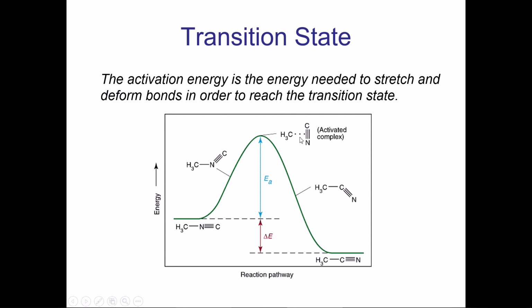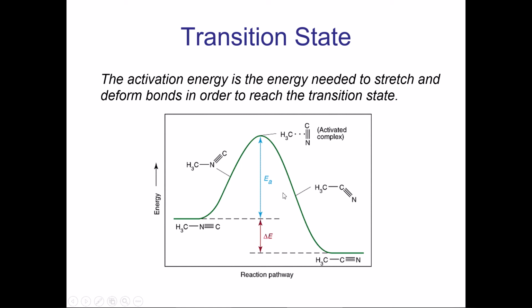Most of the time, this transition state or activated complex is completely made up. It's what somebody imagines halfway must look like. And there could be multiple ideas of what a halfway point would look like. And in the end, it doesn't really matter what we visualize when we think of this transition state. We can measure the energy required to get there, and so we know the activation energy for the process.